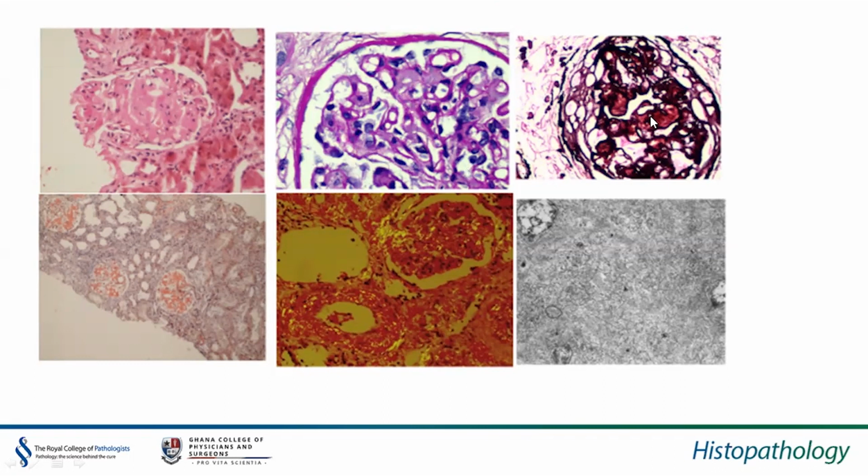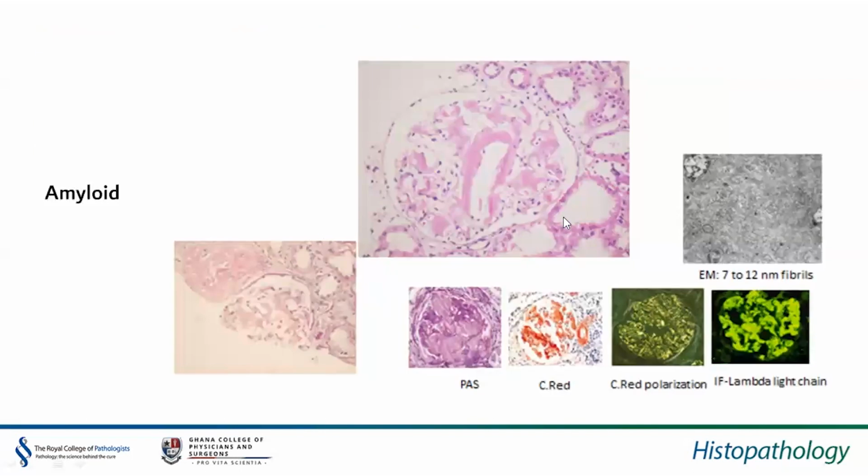It is silver negative. And of course, this is amyloid, which is Congo red positive with the characteristic apple green birefringence and the typical 7 to 12 nanometer fibrils that you see on electron microscopy. So this is a little more of the same to show you the delicate texture.